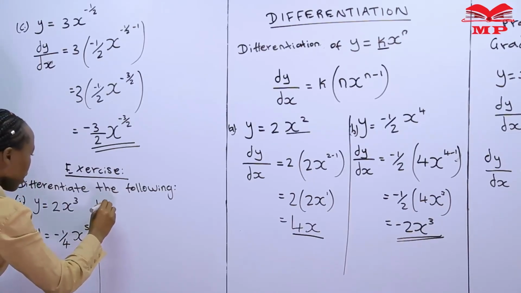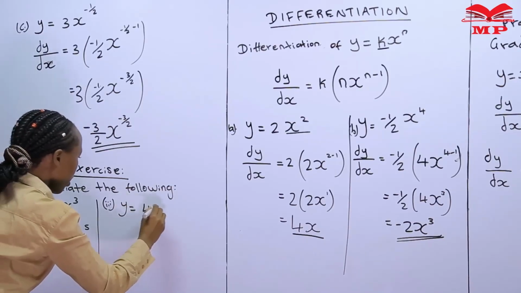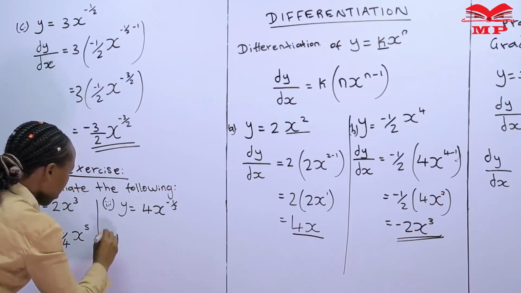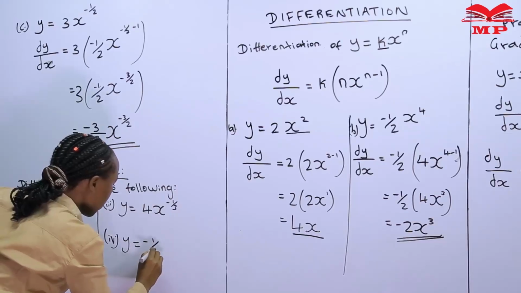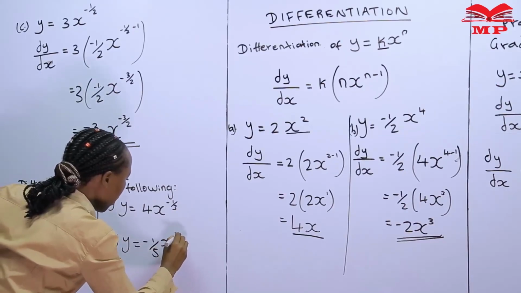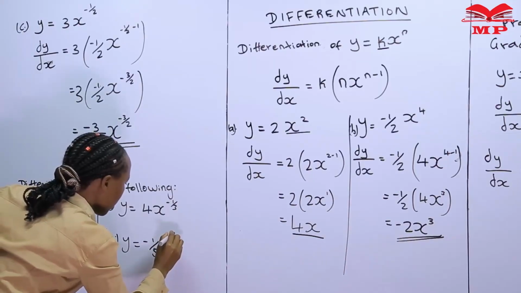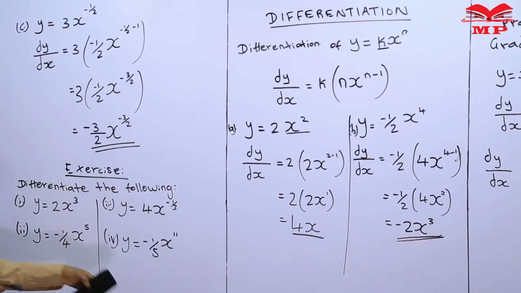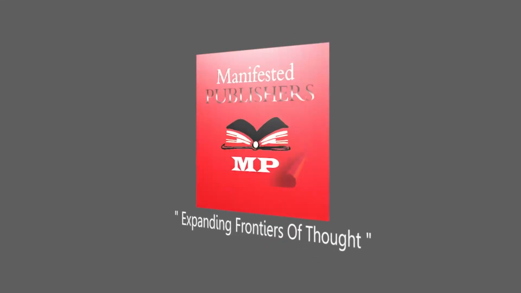Then we have number 3, y is equal to 4x raised to power negative a third. And finally, number 4, y is equal to negative 1 over 5 x raised to power 10, or we can have raised to power 11. I'd like you to differentiate these, or find the derivative, or find the gradient function.